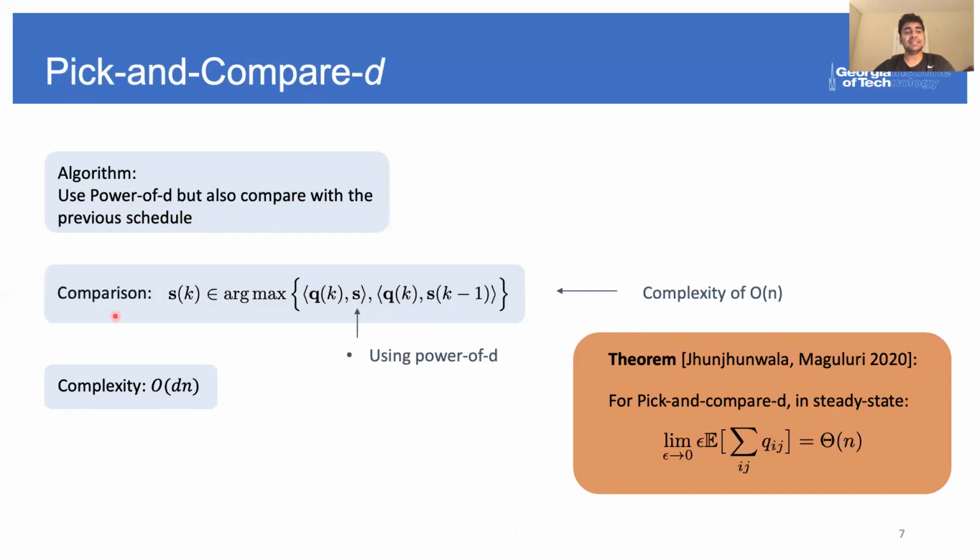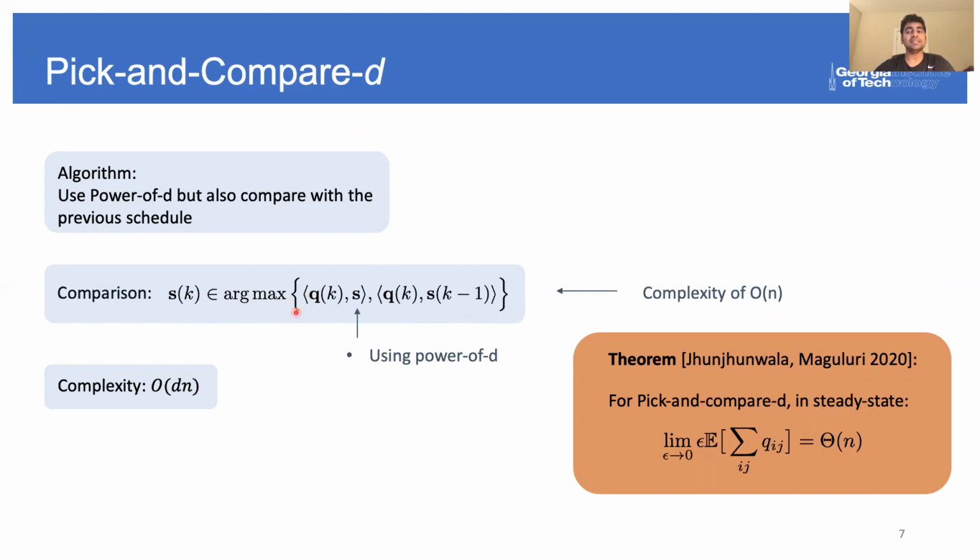Now, this comparison step not only improves the performance quite a lot, it also makes this algorithm throughput optimal, which means that pick and compare D is throughput optimal, even though power of D is not throughput optimal. Note that this comparison step has a complexity of order n because you are only comparing the weight of 2 schedules.